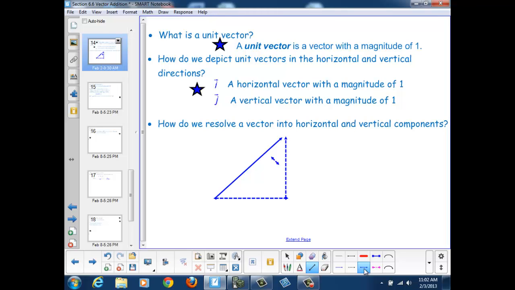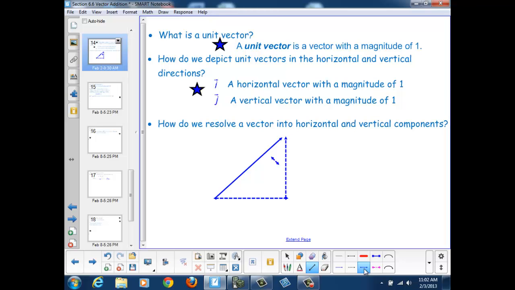So we would have so many unit vectors horizontally and so many unit vectors vertically that if we added them together, we would end up with our original vector.